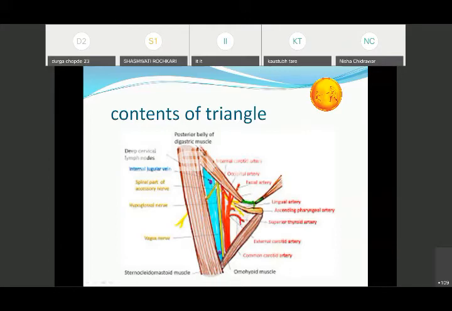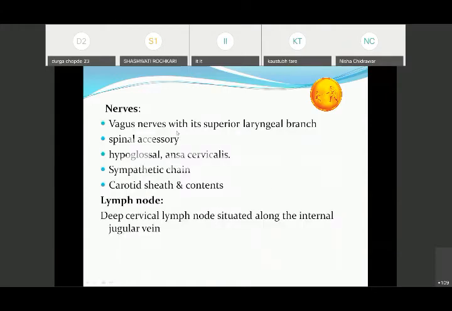Here you can appreciate the hypoglossal nerve. So vagus nerve with its superior laryngeal branch, then spinal accessory nerve, hypoglossal nerve with ansa cervicalis. What is this ansa cervicalis? We'll see later on. And you see the sympathetic chain.